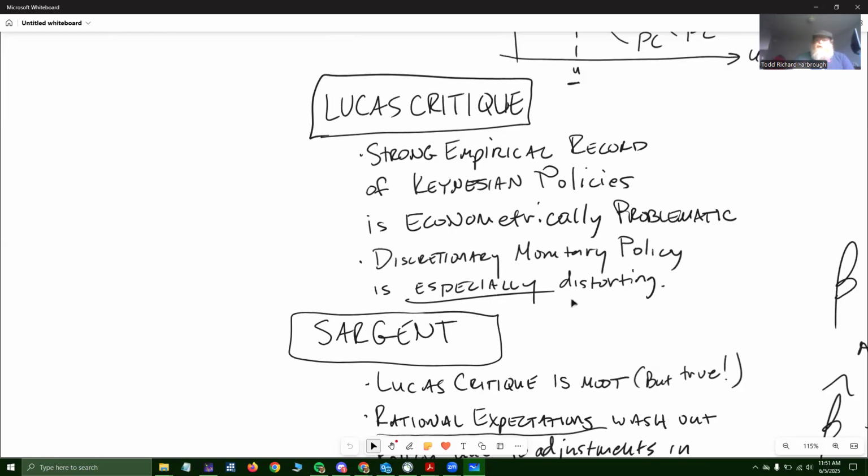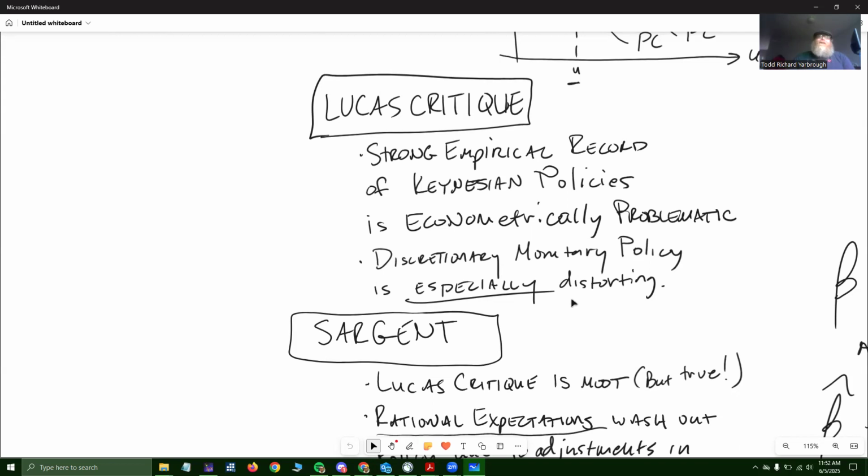As a result, Lucas was highly critical of discretionary monetary policy, because it was his contention that the Phillips curve gave a false premise. And the reason is that the original Phillips curve paper was done econometrically poorly. So for him, it was a frightening consequence of bad econometrics that we would then follow the Phillips curve in terms of policy.